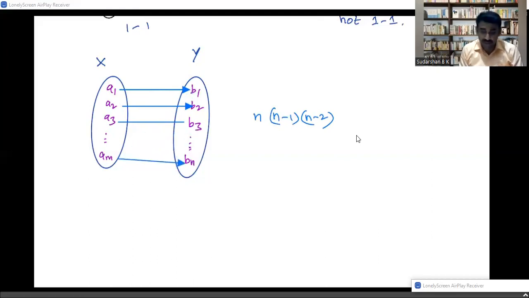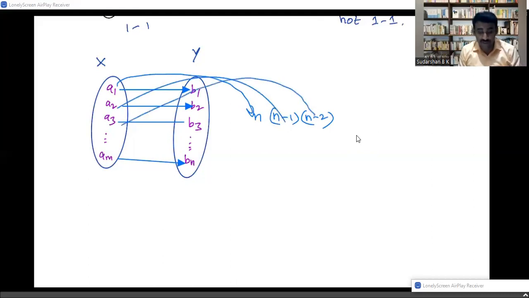You can observe the first element has n ways, the second element has n minus 1 ways, the third element has n minus 2. So the mth element can have n minus (m minus 1) ways. Hope you understood this.